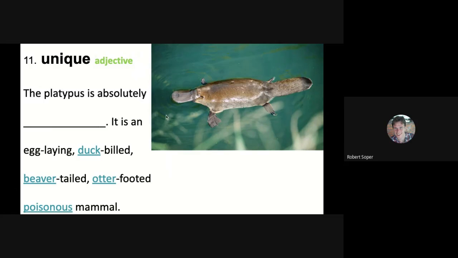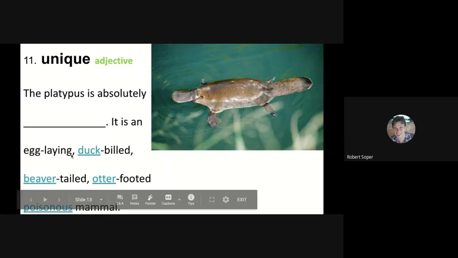Looking over here at this animal, hopefully you've seen this before, maybe you haven't. It's the duck-billed platypus, called that because it's got a kind of beak like a duck. And the platypus is absolutely unique.